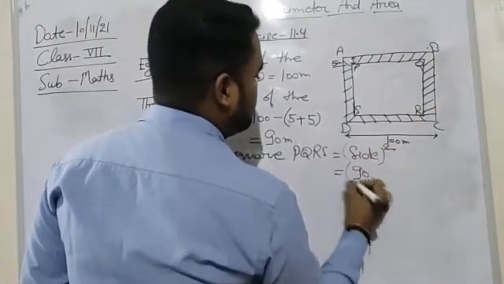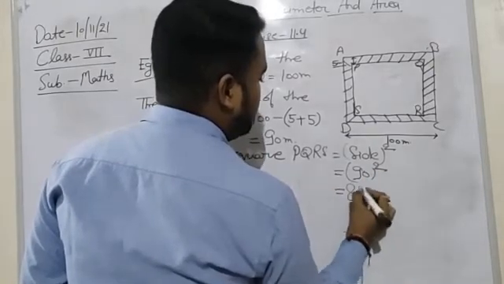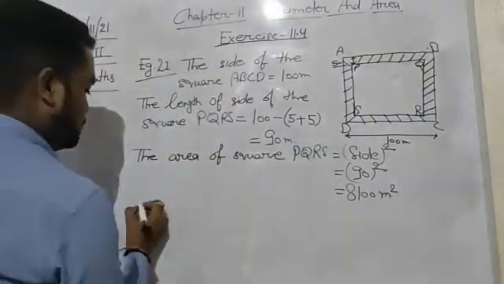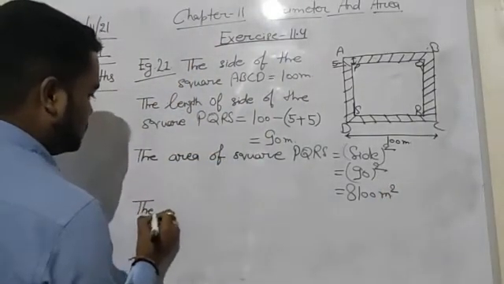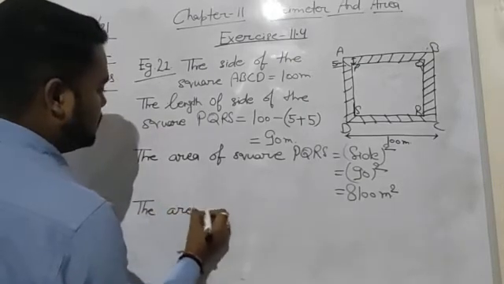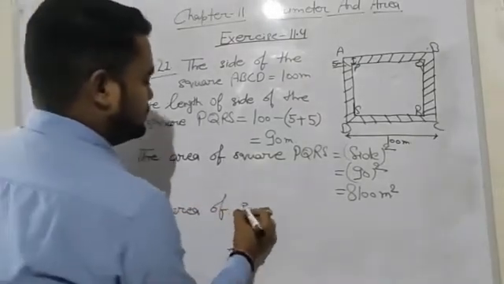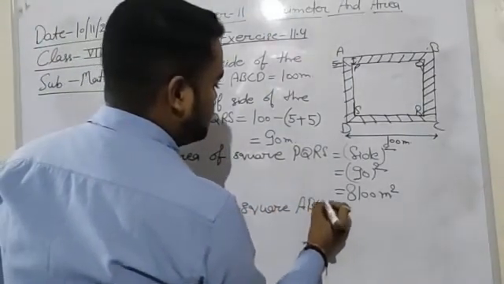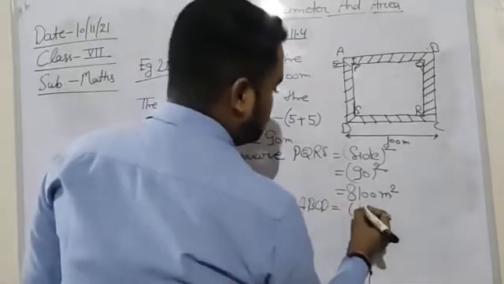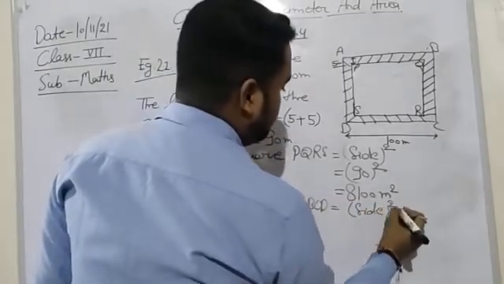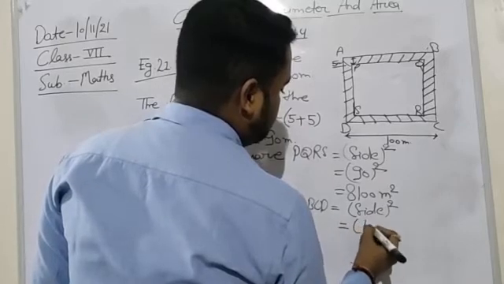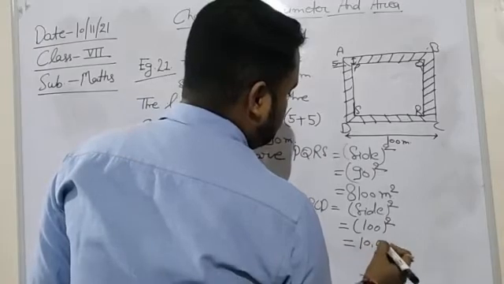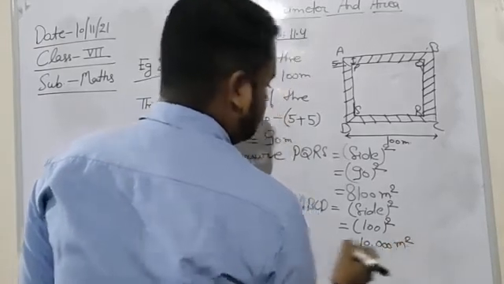So 90 square will give 8100 meter square, and the area of square ABCD is also side square, and what is the measurement of side? That is 100 square, 10,000 meter square. Okay.